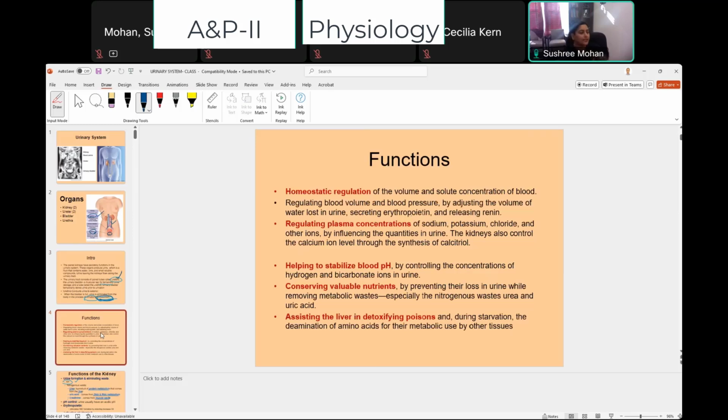Functions: is it just the urine expulsion? No, the kidneys have very important functions. People especially who have diabetes for a prolonged period of time, say 20 or 30 years, ultimately end up with some form of kidney disease or CKD, chronic kidney disease.